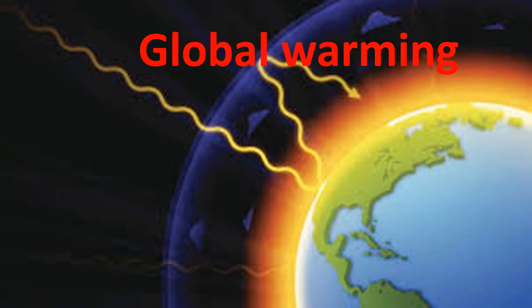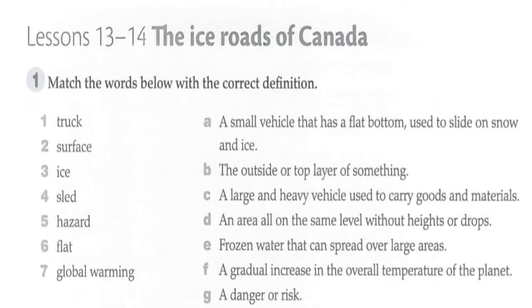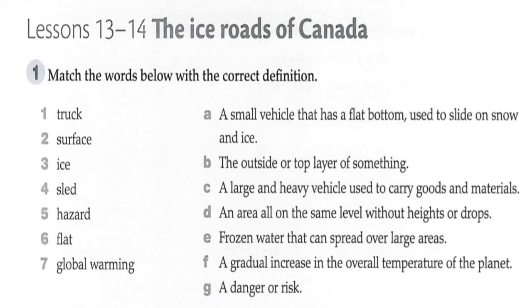I think now it becomes easy to match the word with the definition. So now let's guess together, girls. What did you do for this activity? Truck. Yes, exactly. A large and heavy vehicle used to carry goods and materials. C. What about surface? Well done.